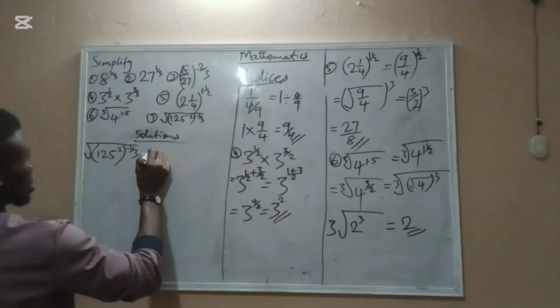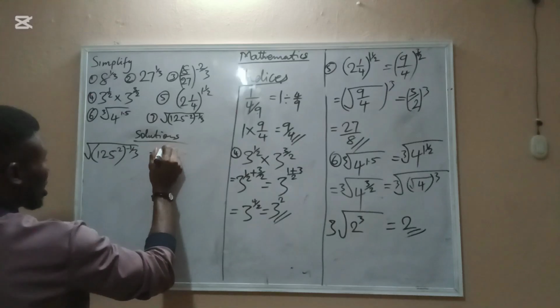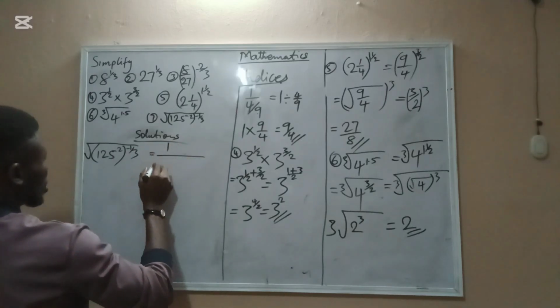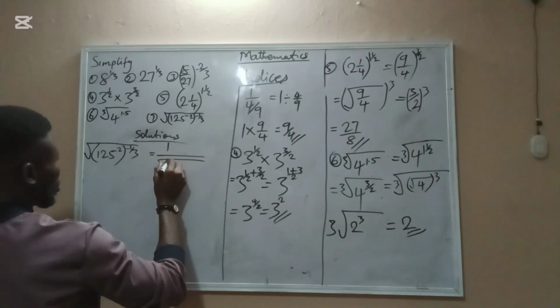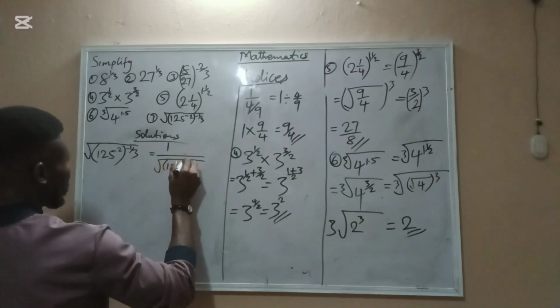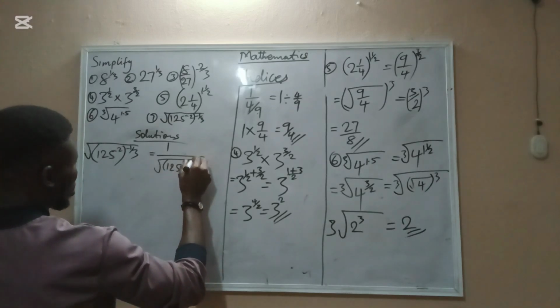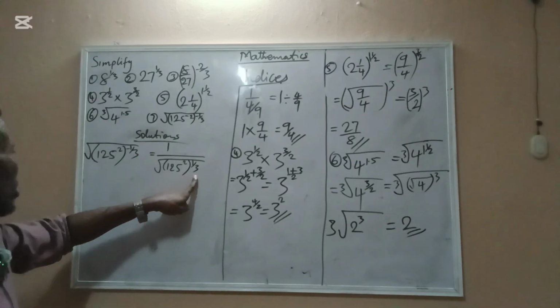And this is the same thing as, first of all, it starts with a negative fractional power. This is 1 over square root of 125 to the power 1 over 3.